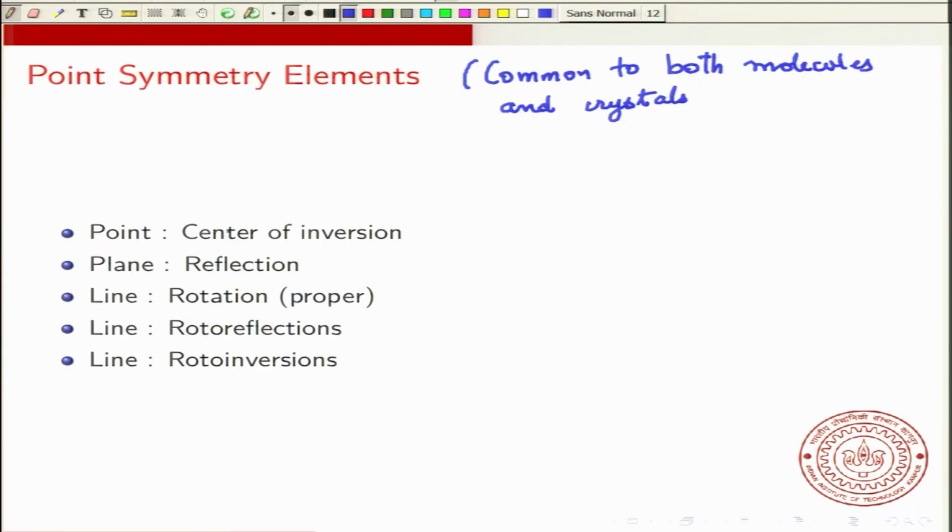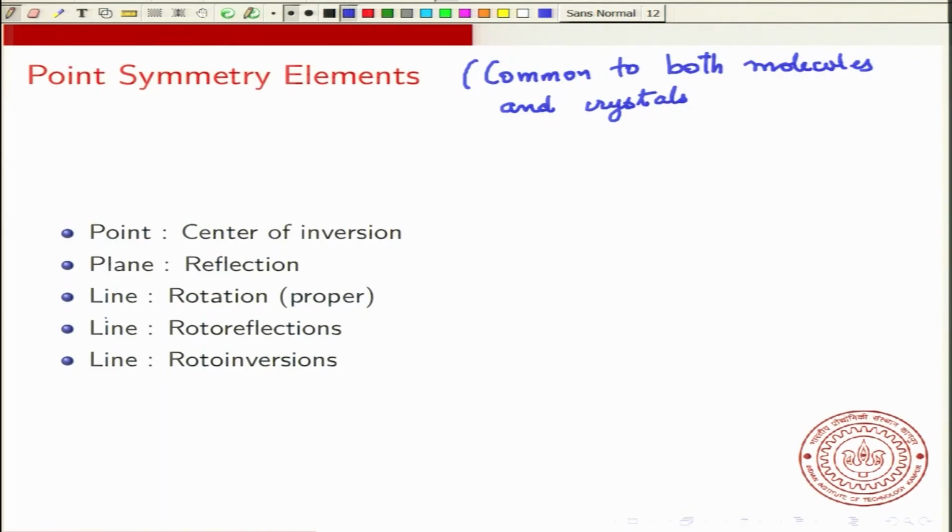So, a point can be a center of inversion, and this process of inversion about the point is a symmetry operation. You can have a plane, and the symmetry operation can be reflection about this plane. You can have a line, which is a symmetry element, and the symmetry operation can be a simple rotation or a proper rotation.